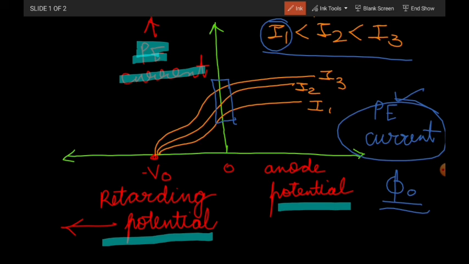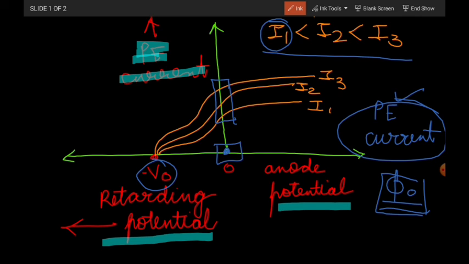So we have to at least achieve this state, and we cannot start from the zero position. Before that, the retarding potential goes to minus V0. This is the value of retarding potential at which the photoelectric current becomes zero. It is called the cutoff or the stopping potential, which means at this point we have zero photoelectric current.